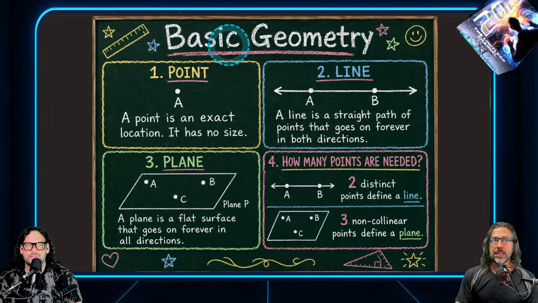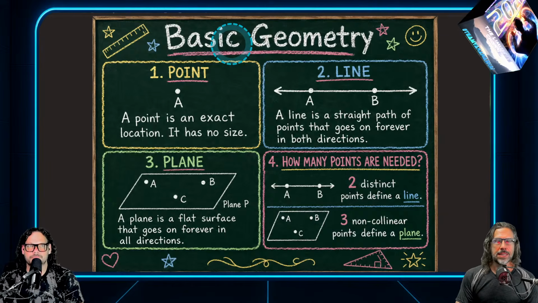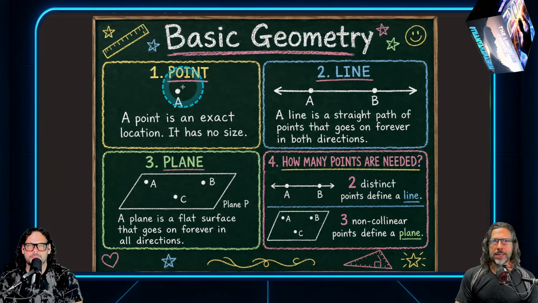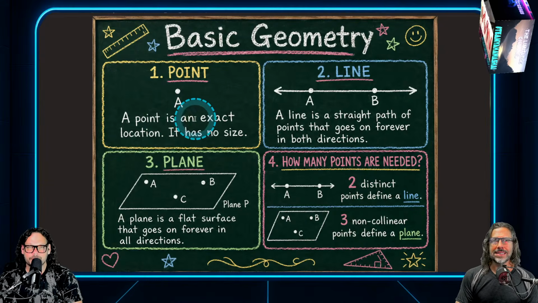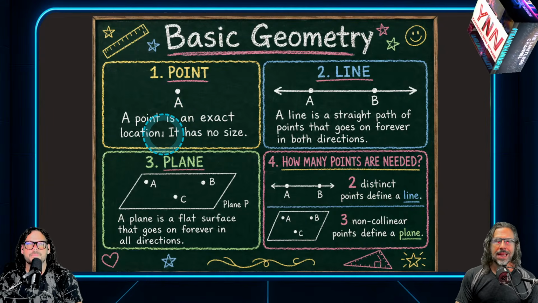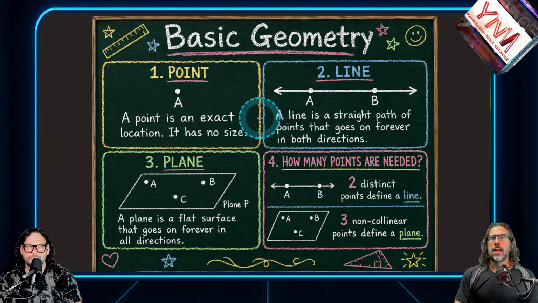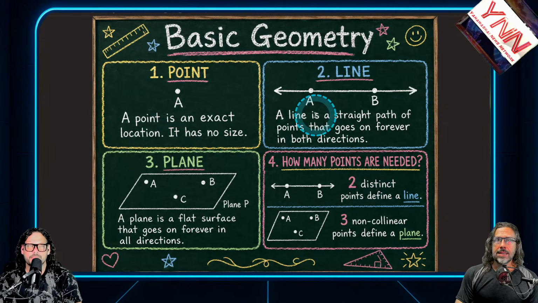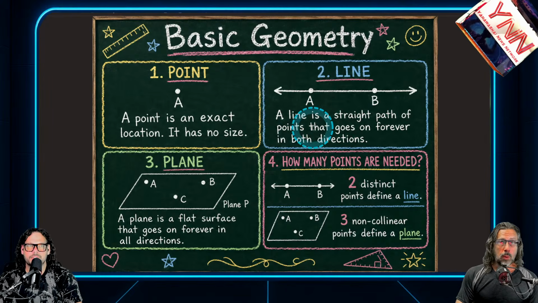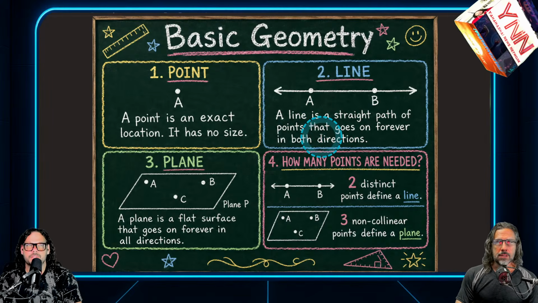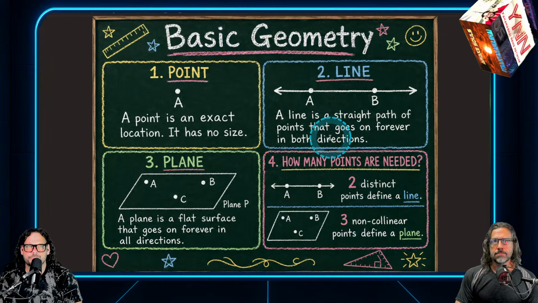And so, basic geometry, everybody, here's the lesson for tonight. These are the important terms. A point is an exact location. It has no size. Then a line is a straight path of points that goes on forever in both directions.